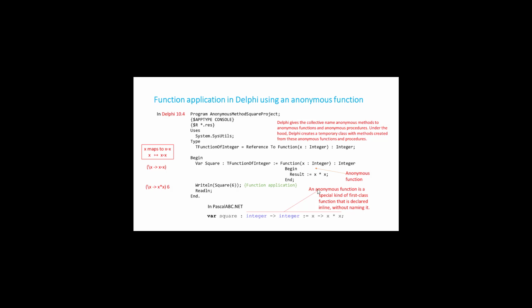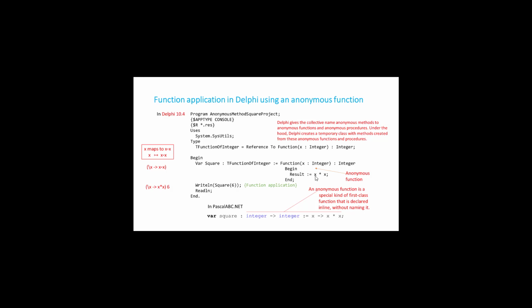Okay, now we're going to look at function application, and we're going to supply the actual argument 6, and we're going to call the function square. So at this point 6 will be bound to this parameter x here, so that 6 replaces the x here and 6 replaces the x here. So evaluating this expression produces the result 36.